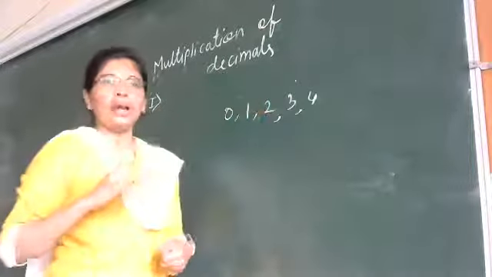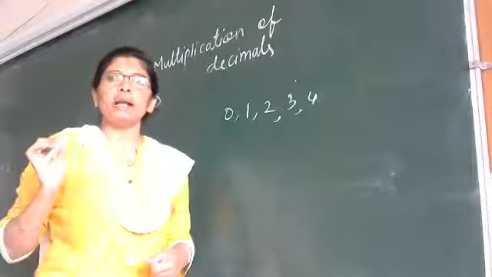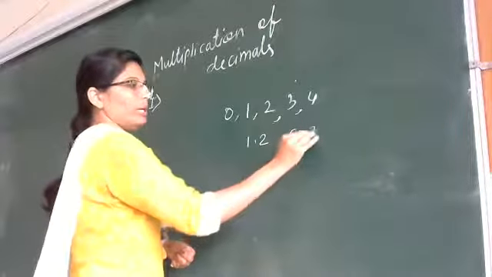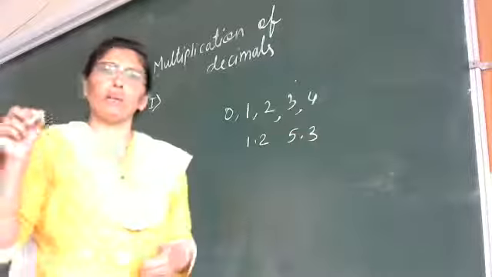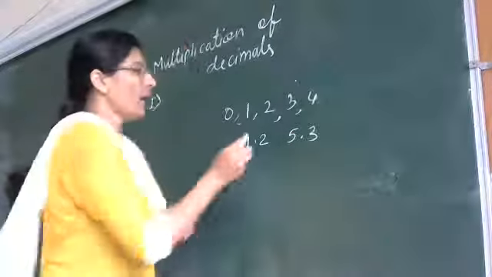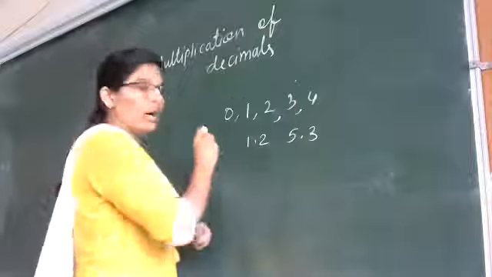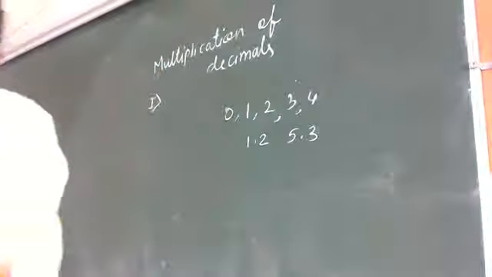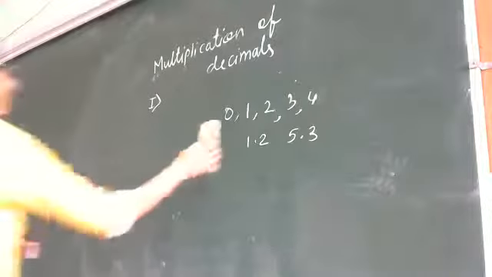And decimal numbers means 1.2, 5.3, having the decimal point. Now we will see how we can multiply a whole number and a decimal number. So let us take an example.